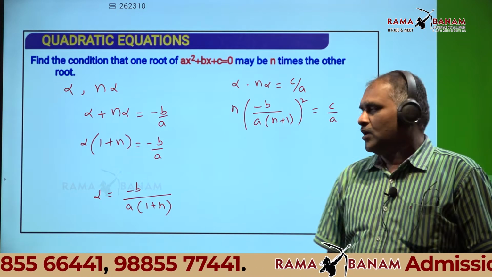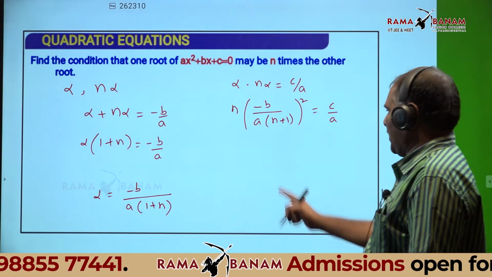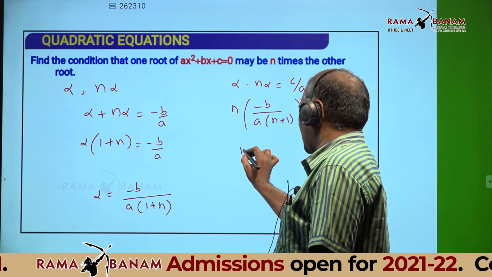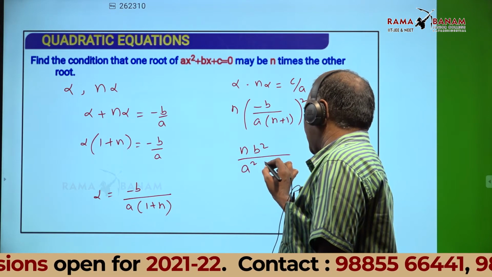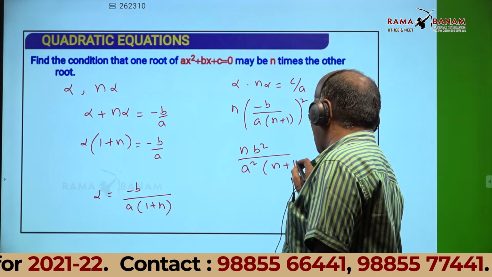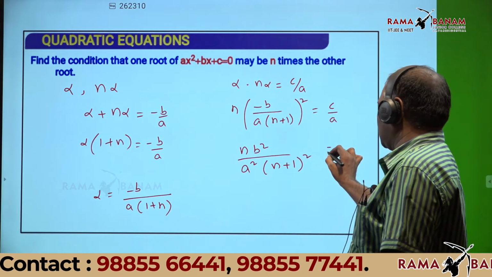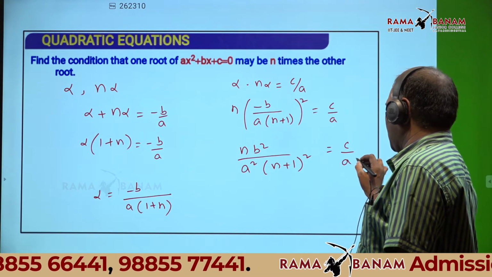Simplifying, that is n into b square divided by a square into n plus 1 whole square is equal to c by a.